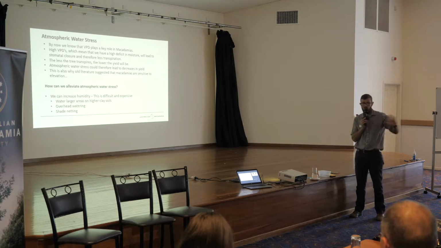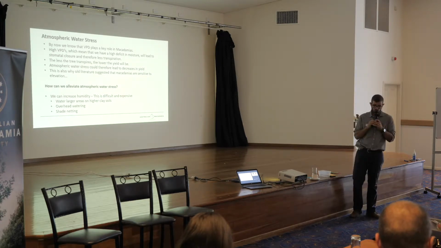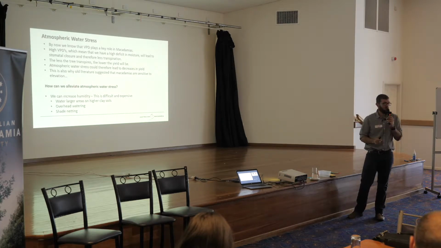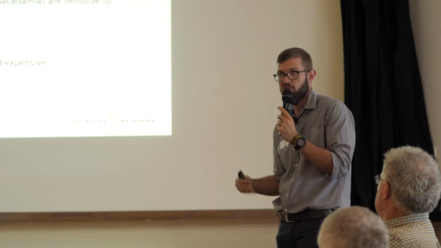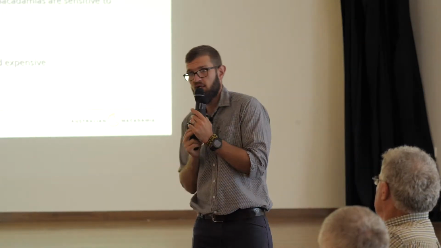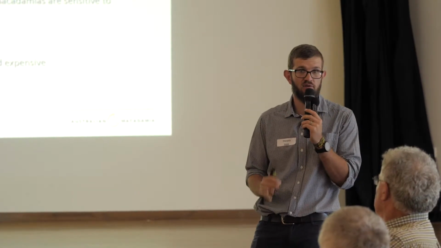So we know now what VPD is. We know what vapor pressure deficit is. And the key thing everybody needs to remember is that VPD is an atmospheric component. For us to change the atmosphere, you'd have to be pretty good, and it doesn't happen in a field situation.